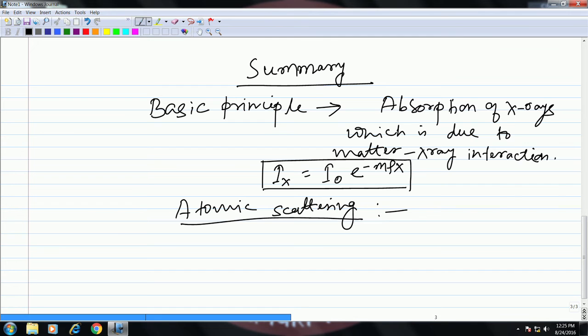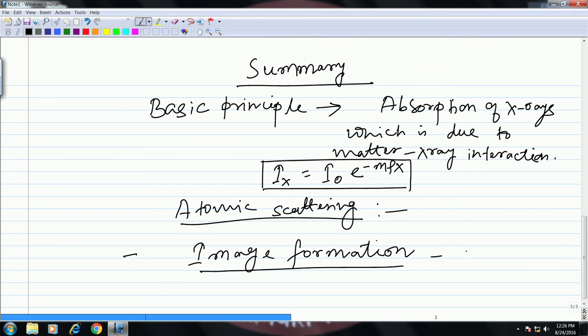And once we understood the basic principle of radiographic testing, we discussed the image formation, and in this we saw that you first need an X-ray source, which is nothing but the X-ray tube, and about that X-ray tube also we have discussed when we discussed in the beginning about the generation of X-rays.